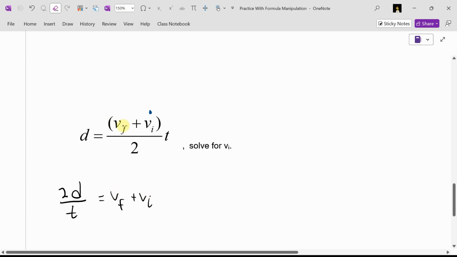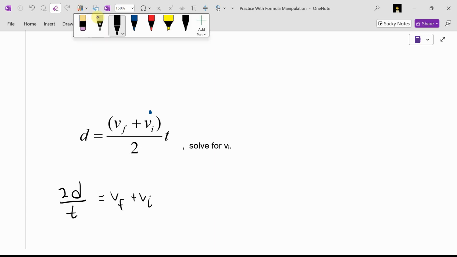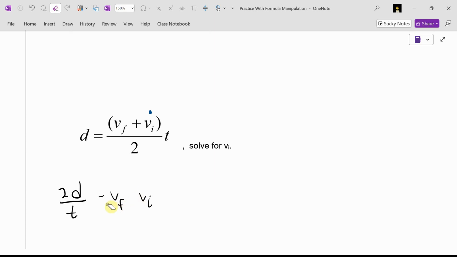And now the bracket has vanished because there's nothing left. How would I move the VF over? What's the VF doing to the VI? And I'm going to cheat with digital ink because I can. I think what you said is you would minus the VF over. Yeah, that is getting the VI by itself from that equation.